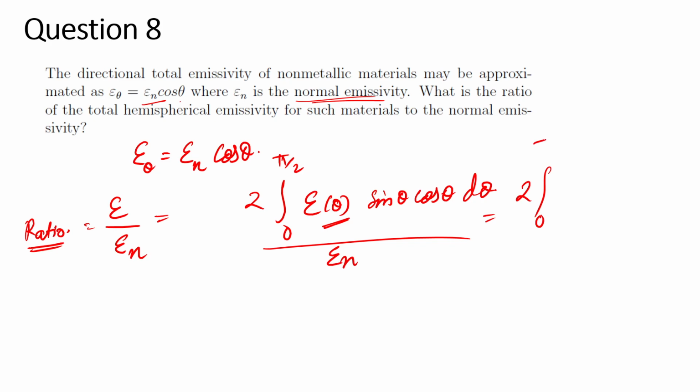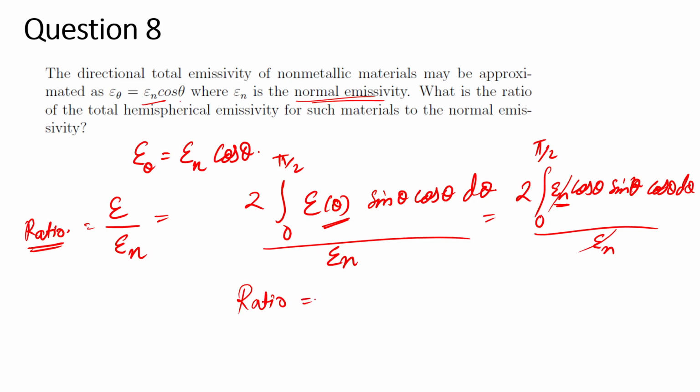So integration of 0 to pi by 2 epsilon n upon cos theta, sine theta, again cos theta d theta, upon epsilon n. This epsilon n is constant, so we can cancel. So the ratio will become 2 times the integral from 0 to pi by 2 of cos square theta sine theta d theta.